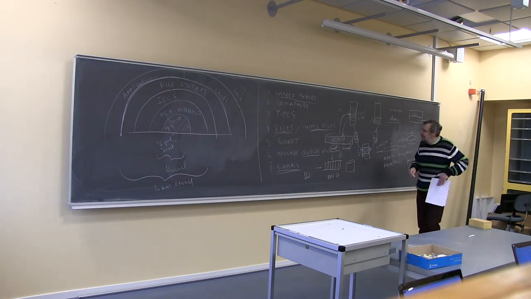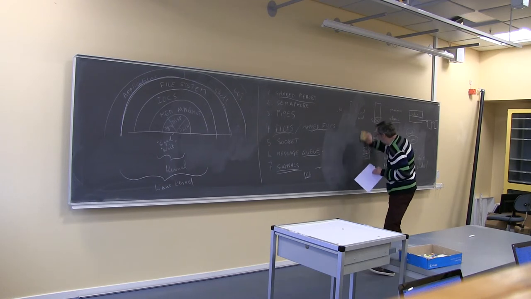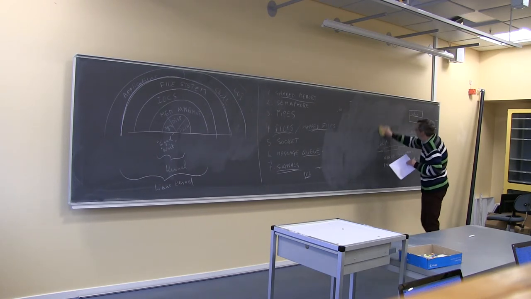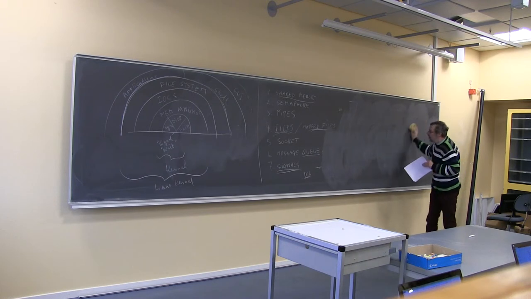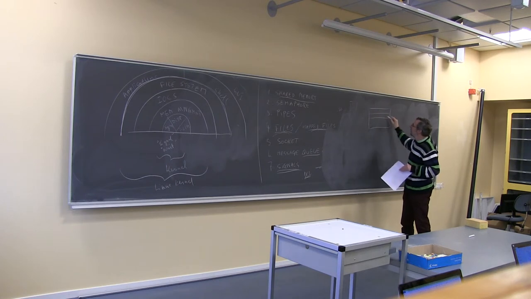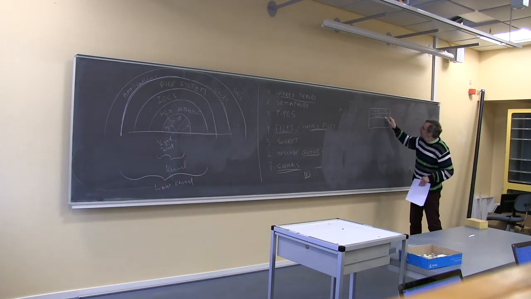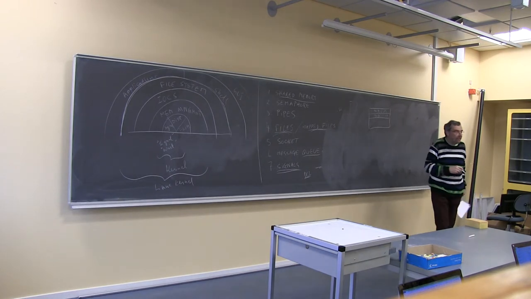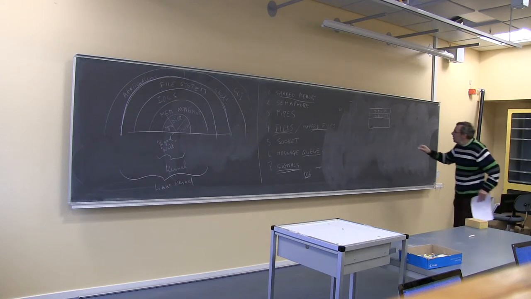So the socket will have to contain a source ID and destination ID, so that will be an IP address of the source and destination. And what else? A port.